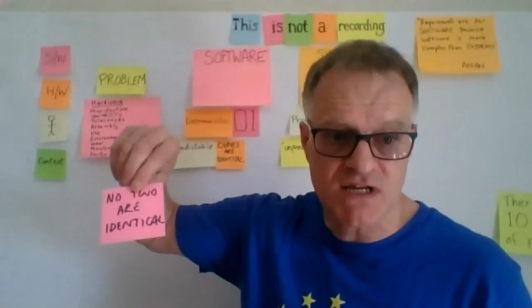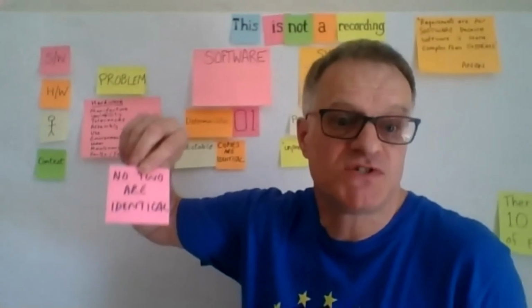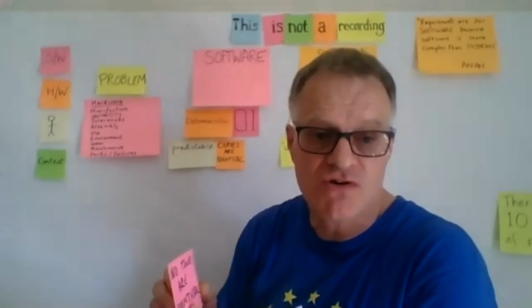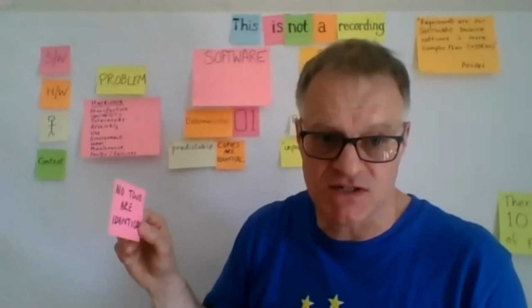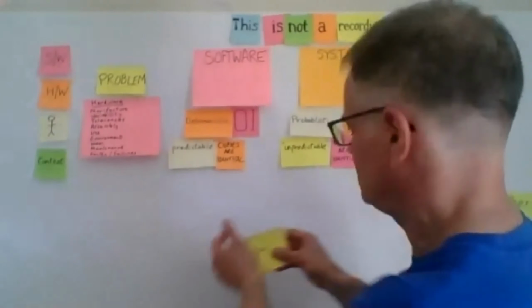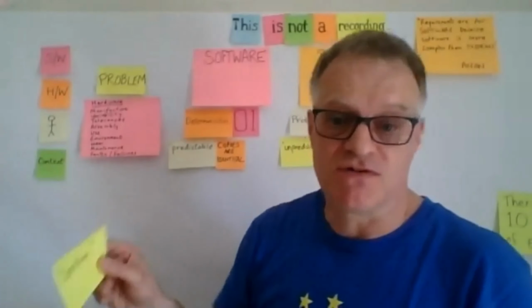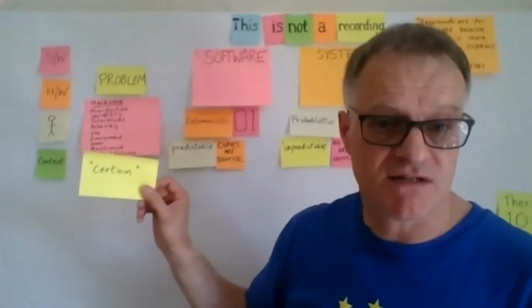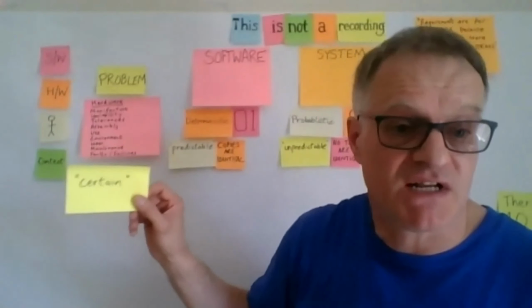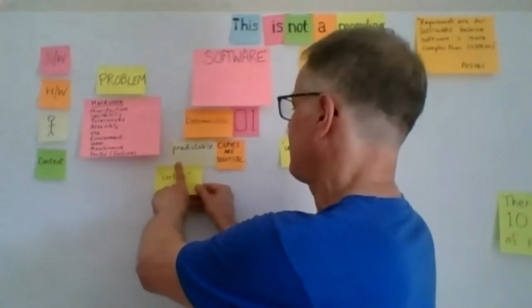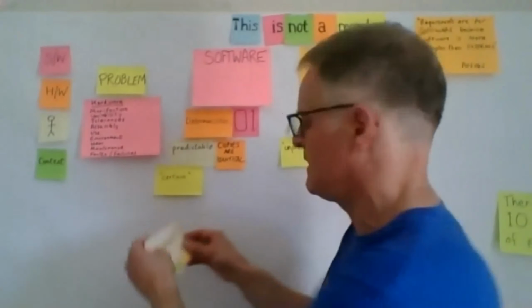No two humans are identical, however much we may think of user types. No two physical components are identical. Because some of these build on each other, of course. So to some extent, you could say that software is fairly certain, and systems are less certain or uncertain.